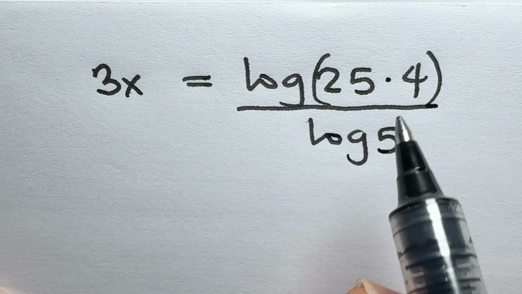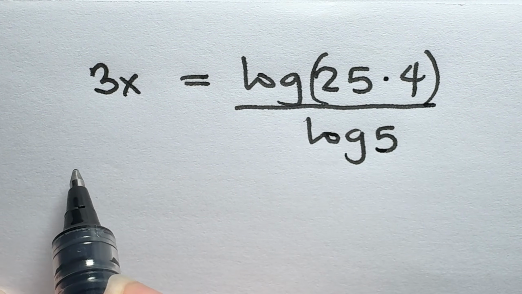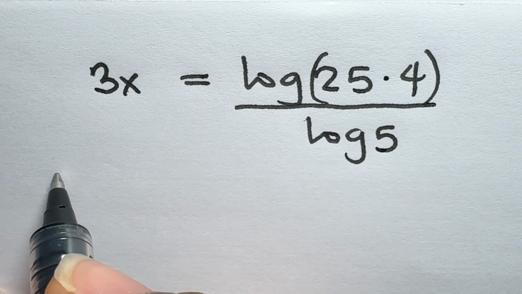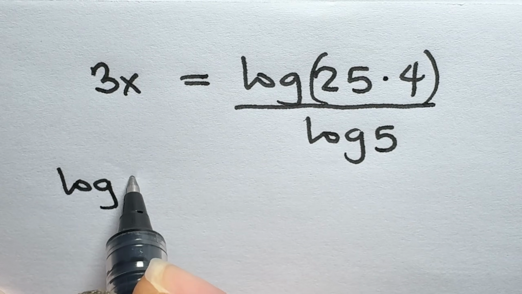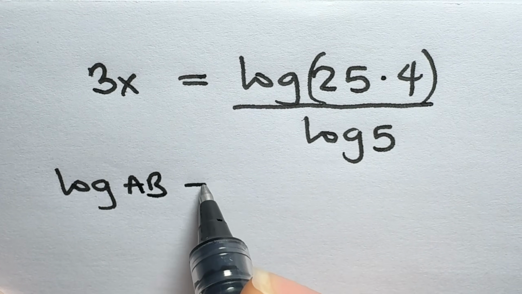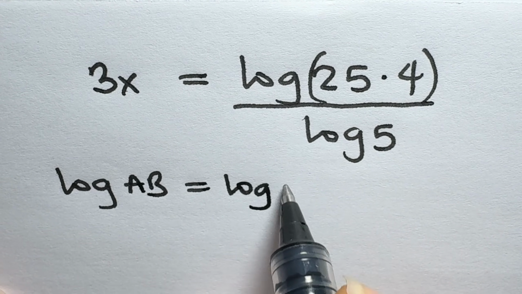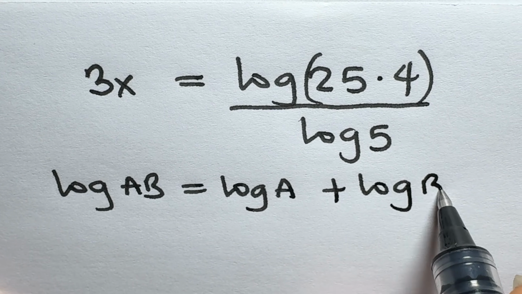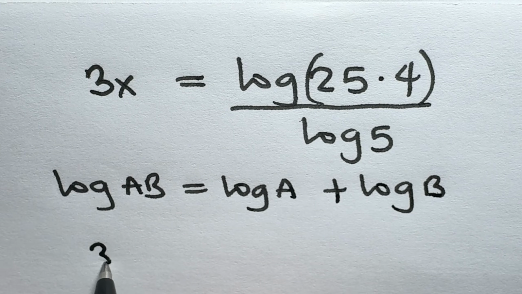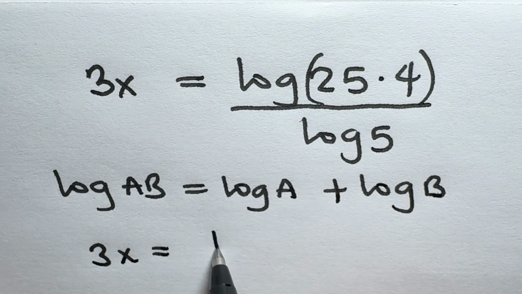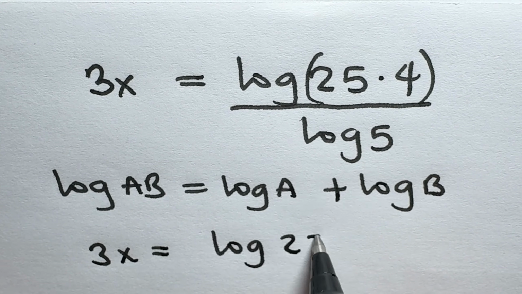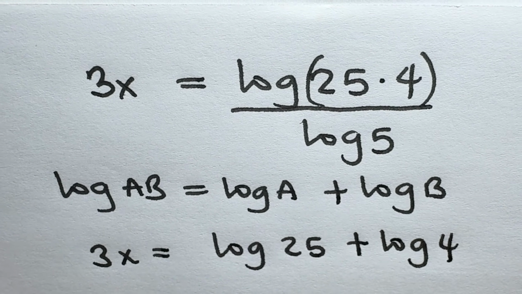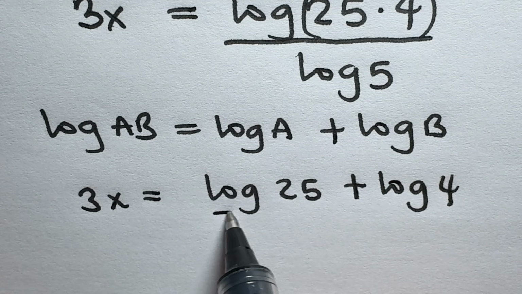At this point, let us separate this into two individual logarithms. To do that, I'll apply this law of logarithm. Log a times b will give us log a plus log b. So 3x is equal to log 25 plus log 4, then divided by log 5.